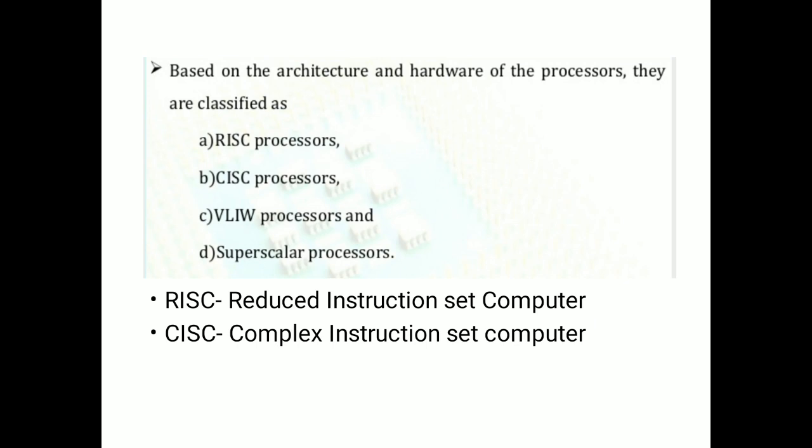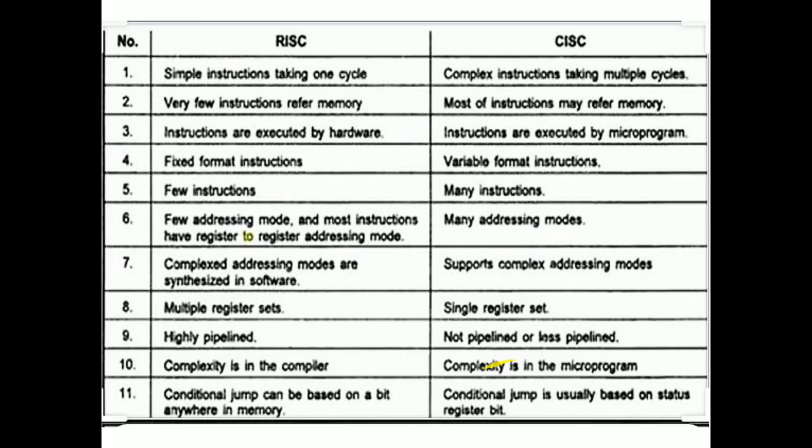Basically, there are two approaches to the design of the control unit of a microprocessor: hardware approach and software approach. To execute an instruction, a number of steps are required. For each step, a number of control signals are generated by the control unit of the processor.